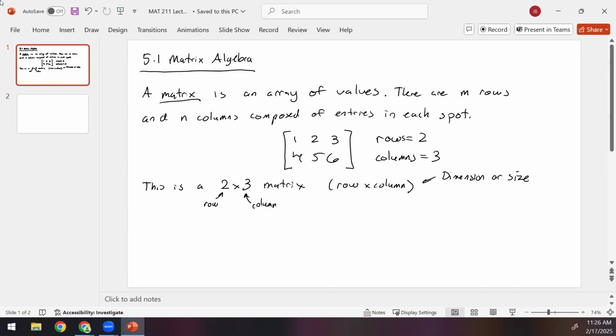And so now that we have kind of the structure of a matrix, what we're really interested in knowing is these numbers inside, right? So we call them entries or elements.